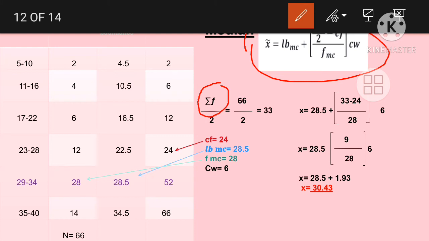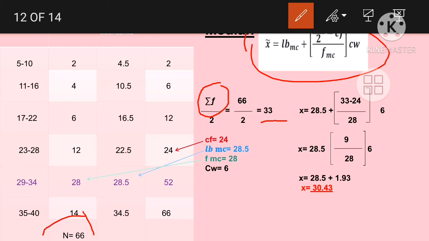As we discussed earlier, summation of f stands for total frequency. So this is the total frequency divided by 2. 66 divided by 2 is equal to 33.